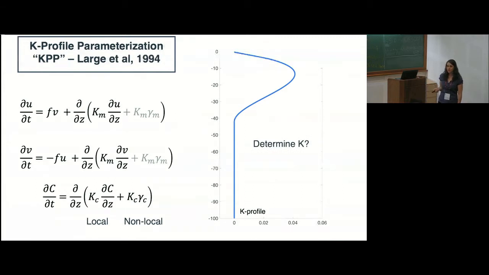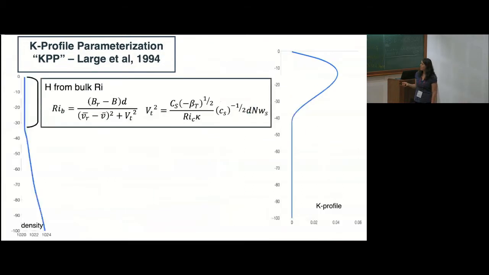So the trick here is determining what K is, and the first thing that KPP does is it determines the boundary layer depth. And this is dependent on a Bulk-Richardson number. This is starting to look very similar to a Bulk-Richardson number that we saw in PWP. So you take the buoyancy difference or density difference from the top and the bottom of the profile, and a velocity difference from the top and bottom of the, or different layers, and you decide when that reaches some sort of critical value.